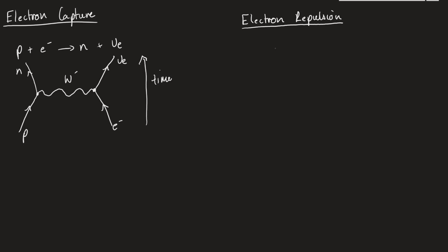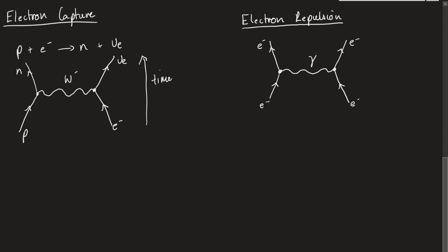I could have even done proton-electron attraction because you have two different things. But if I've got an electron coming in, so this is my electron here, I've got some interaction with this electron, and I know afterwards, because they're just repelling, they're going to bounce off in opposite directions. And everything here is charged, so this is an electromagnetic interaction.